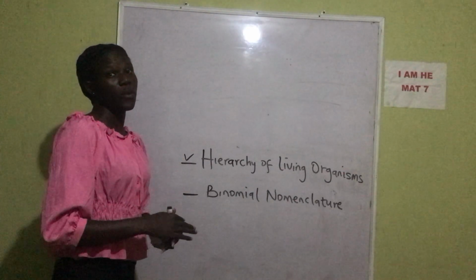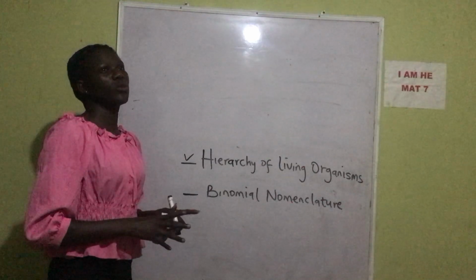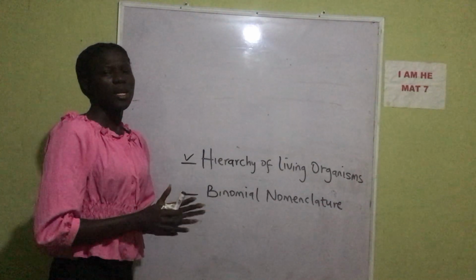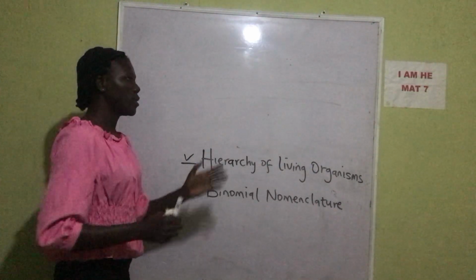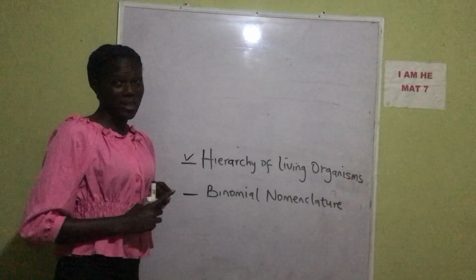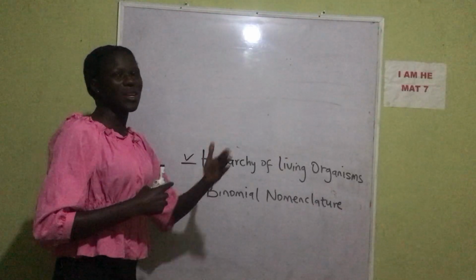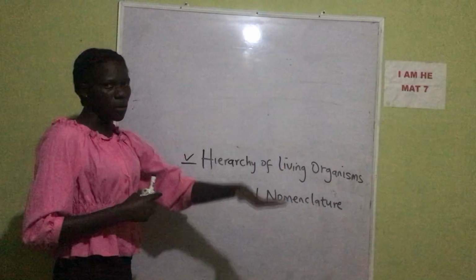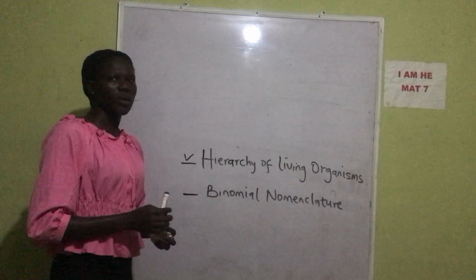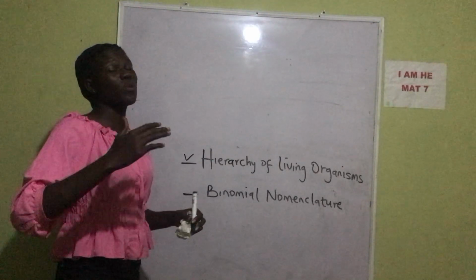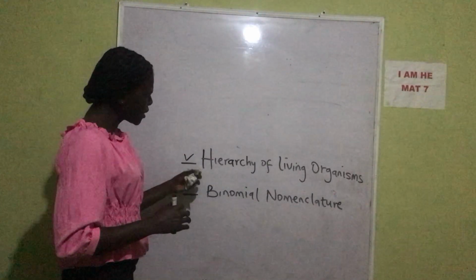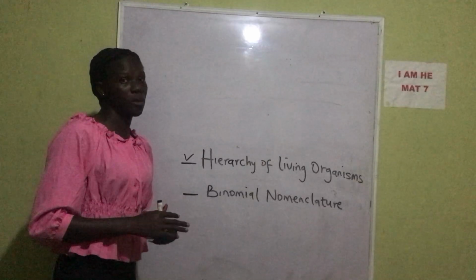For instance, in a board of executives, you have the president, the vice president, the secretary, the financial secretary, the treasurer. So that's how it goes from the head down to the least person in the team. But they are actually playing teamwork.